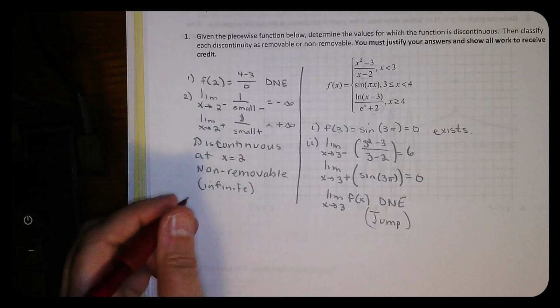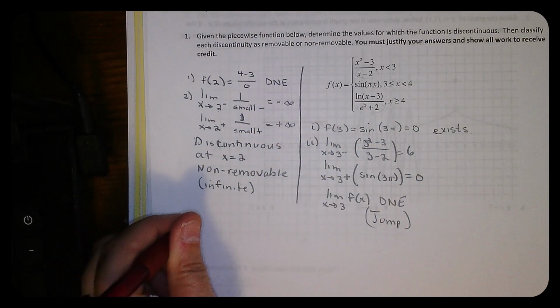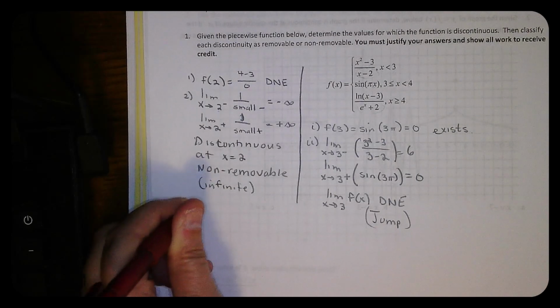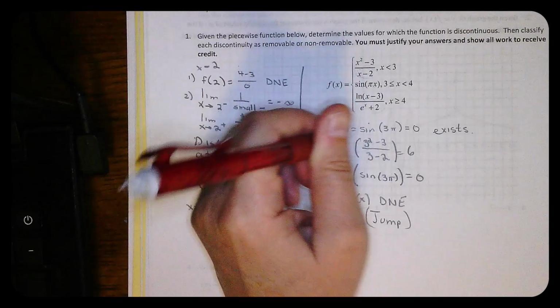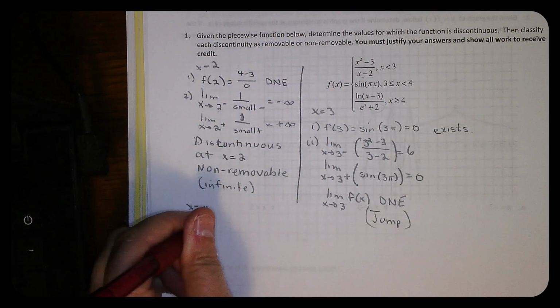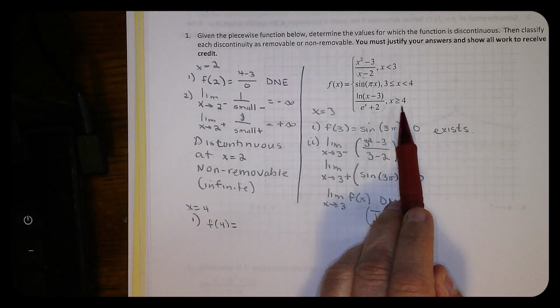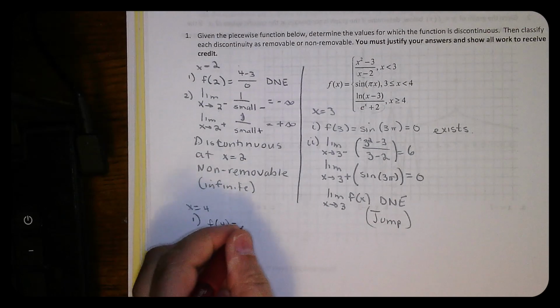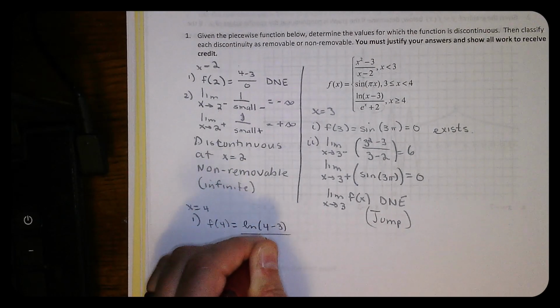Okay, and then the third discontinuity we might have to try is 4. So this is x is 4, this is x is 2, checking that, and this is x is 3. When x is 4, we have to say, does it exist? So f of 4, when x is greater or equal to 4, use that one, and the natural log of 4 take away 3 over e to the 4 plus 2.